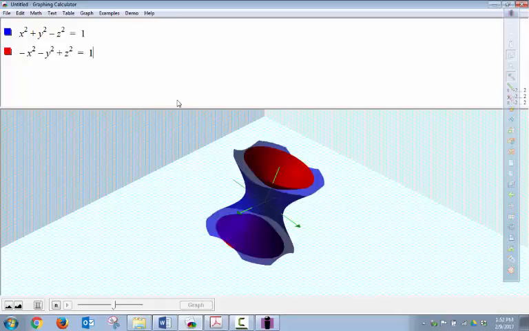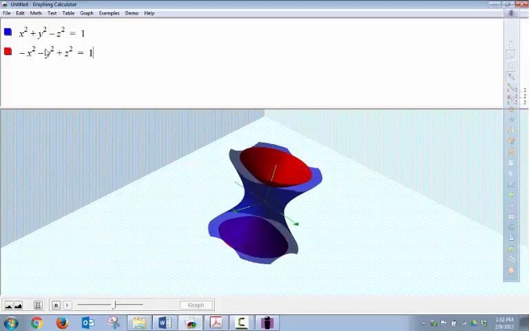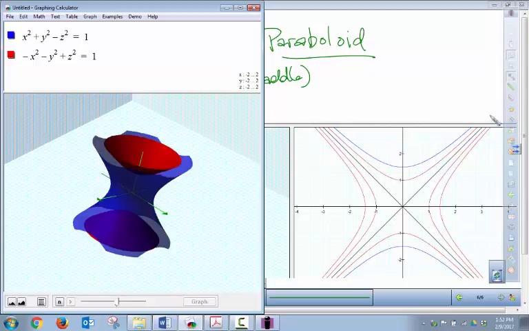So there's two types of hyperboloids. One type of hyperboloid is when one has a negative and the other two are positive. And then the other type of hyperboloid is when two are negative and one is positive. These are called hyperboloids of one sheet or two sheets.